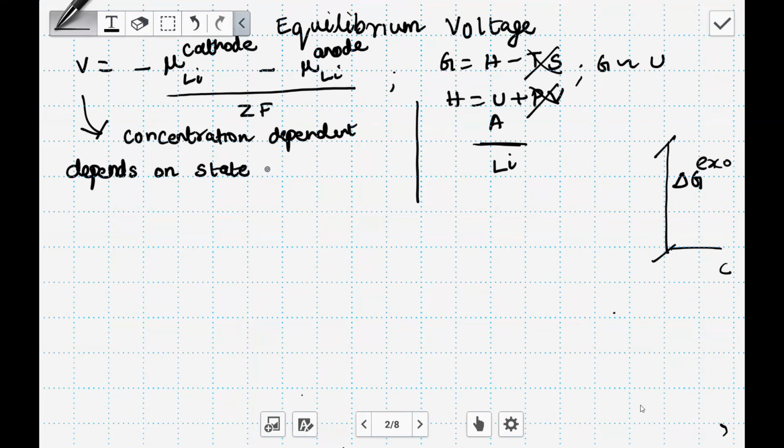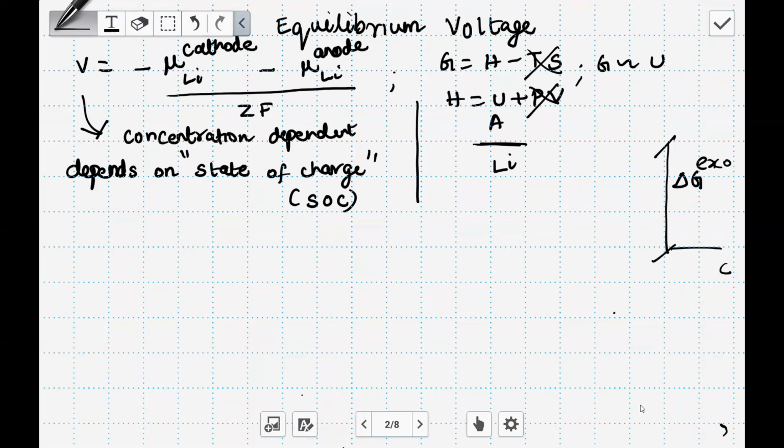This is a term you might hear: SOC. For example, in a lead acid battery, which you might have seen, the density of the electrolyte is a measure of state of charge. So here, as the battery goes from completely charged to fully discharged, the state of charge changes.